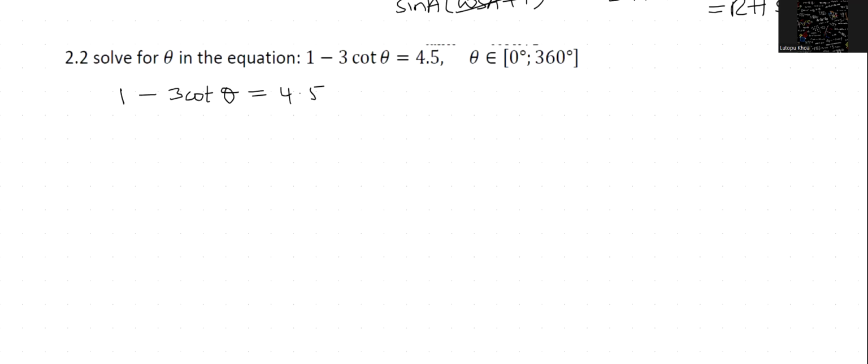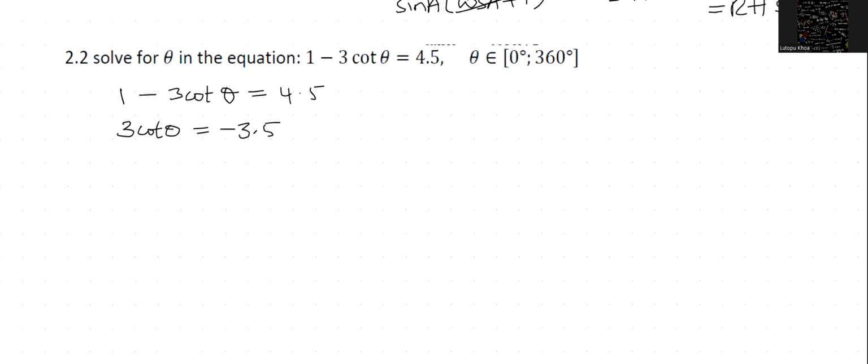Okay, so I can rewrite this as 3 cot theta is equal to negative 3.5.